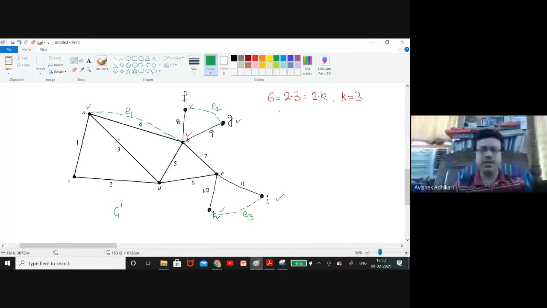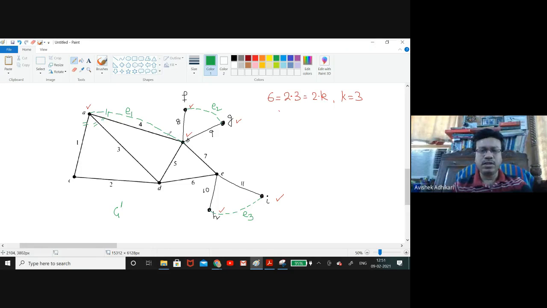Now you can see that for each of the odd degree vertices, the degree has now become even. Initially the degree was 3, now the degree is 4. 2, 3 and 4. Similarly, initially the degree of this vertex was 4, now 1, 2, 3, 4, 5. Let me check.